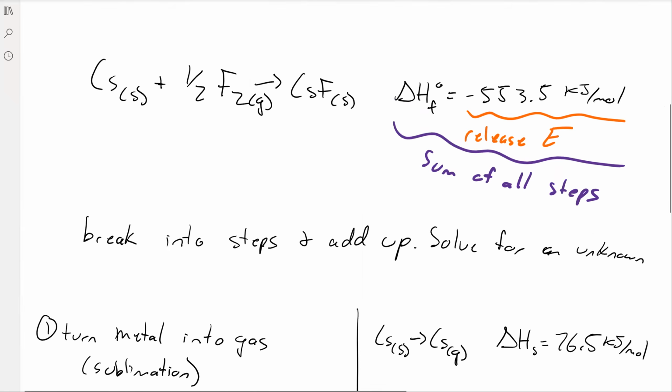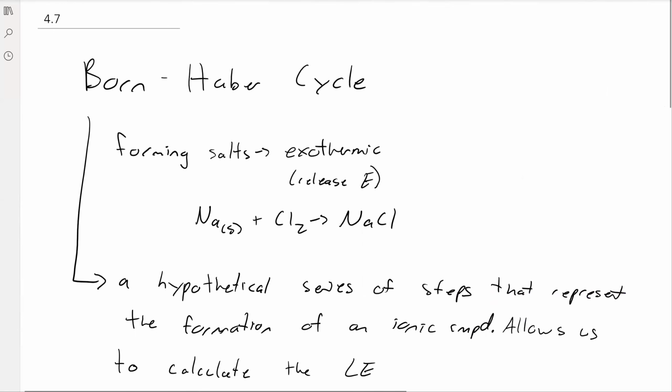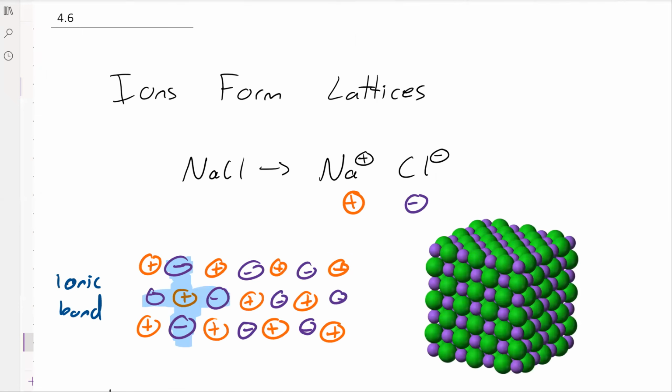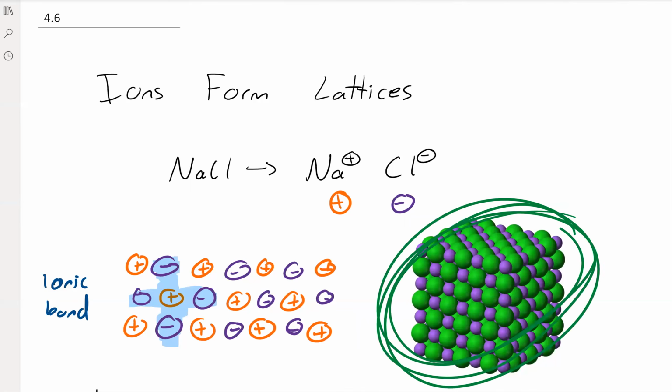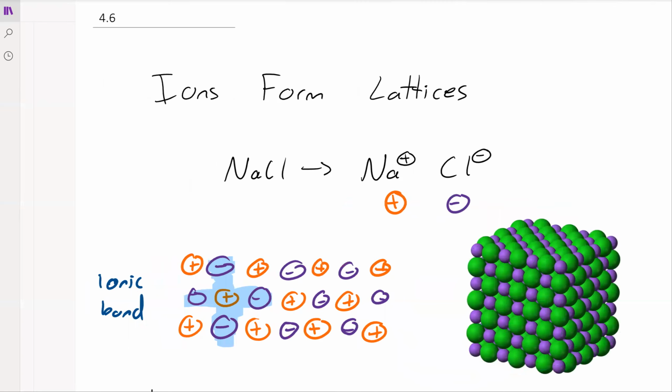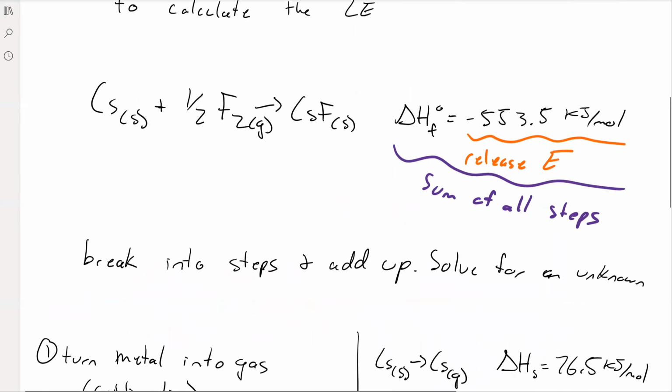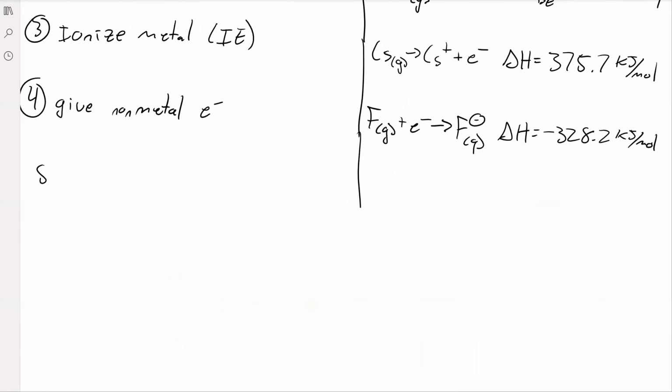And then the final thing that these ions are going to do is form our lattices, right? So they're going to go from basically being apart to forming these big lattices so that they can bond to multiple other ions. We're going to allow ions to form a lattice.